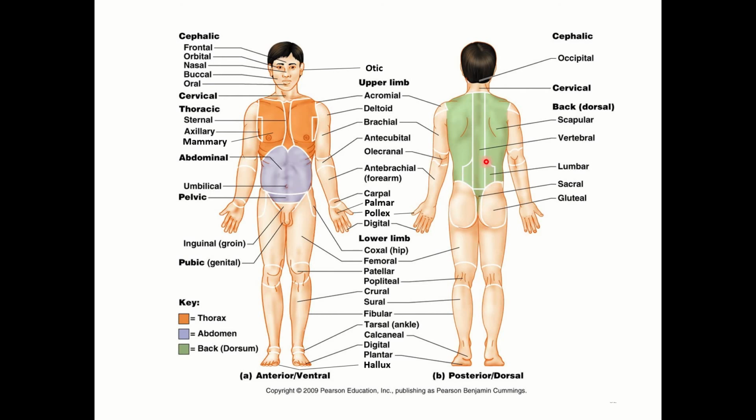It's lateral to the vertebral, but you can basically use it to describe this entire lower back. The sacral region corresponds to the sacrum. And then we have the coccyx, and between the anus and the genitalia will be the perineum.